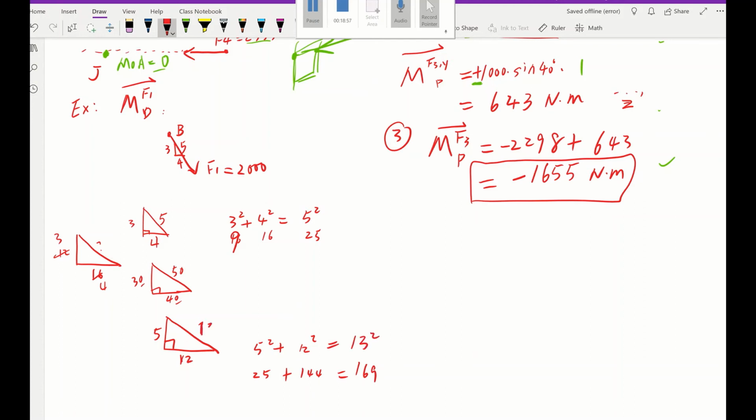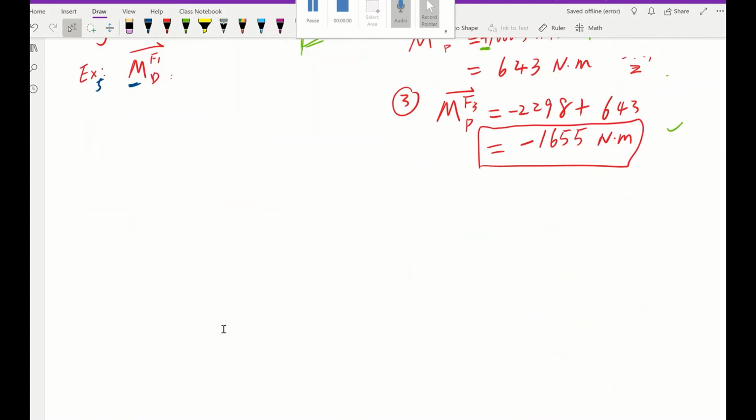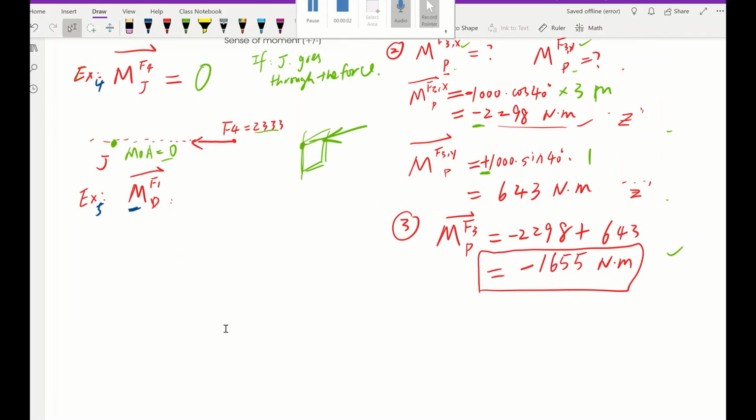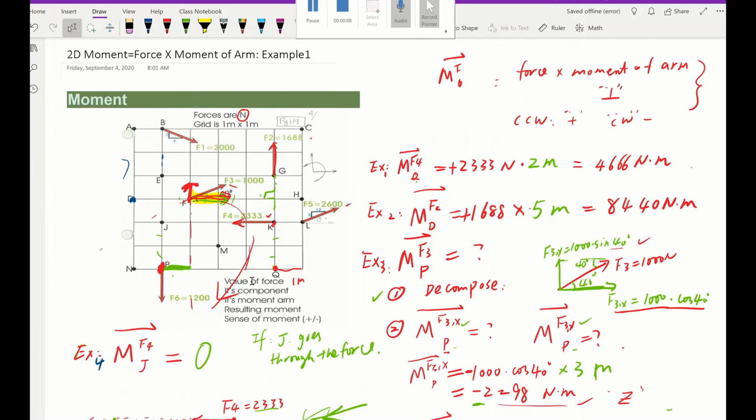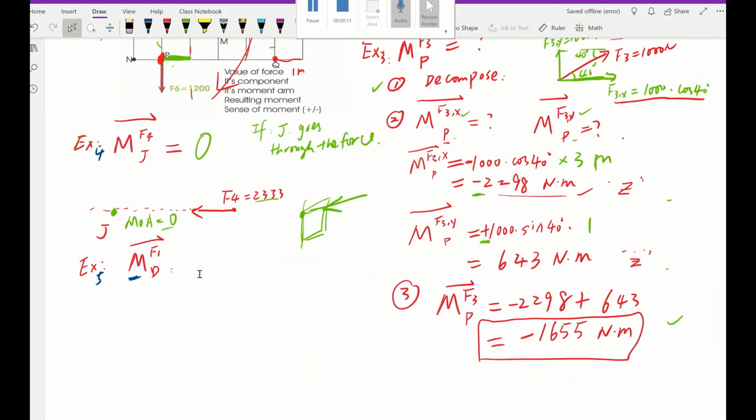So this is going to be a 5, 12, 13 triangle. That's another one we will be using. So the 3, 4, 5 triangle and the 5, 12, 13 triangle. Right? So knowing those typical right triangles, 3, 4, 5 and 5, 12, 13, helps us for future problems. Now let's go back to this one.